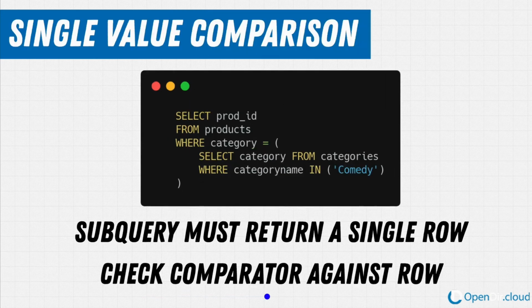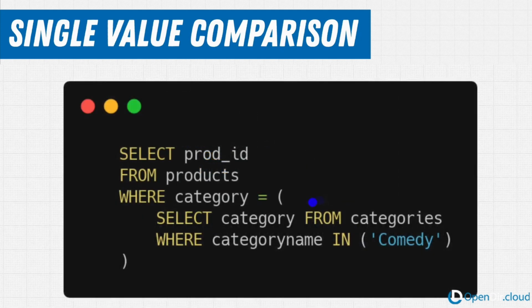And so the final one, the final operator we'll be looking at are the single value comparisons. A subquery must return a single row and then check the comparator against that row. So as you remember, the different types of subqueries we saw, single row comparators where you're not using all, any, or some, when you use greater than, less than, equal to, and all of those comparators that we saw, they can only be checked against a single row.